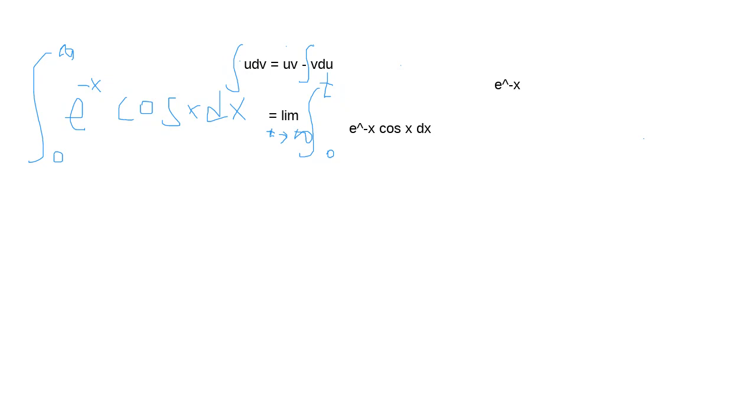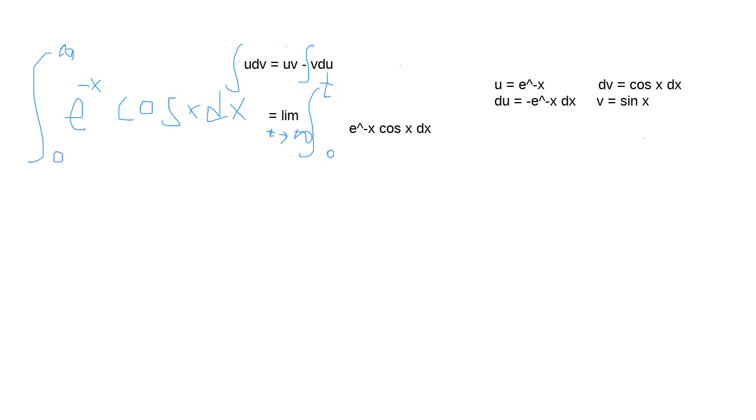Now let's figure out: du is negative e to the negative x dx, and then v equals sine x, right?